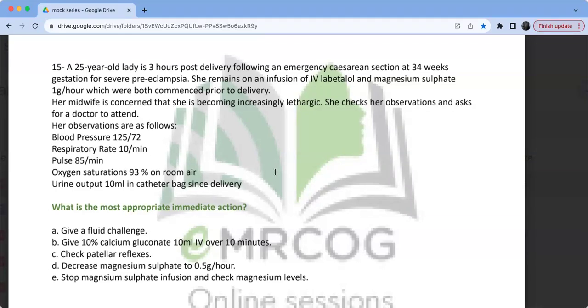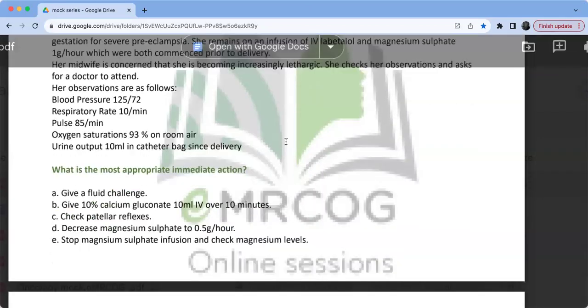You suspect magnesium sulfate toxicity, especially as she is lethargic. So what is the antidote? The antidote is very famous: you will give calcium gluconate. And remember the number 10: 10% calcium gluconate, 10 ml IV over 10 minutes. Clear, my friends?